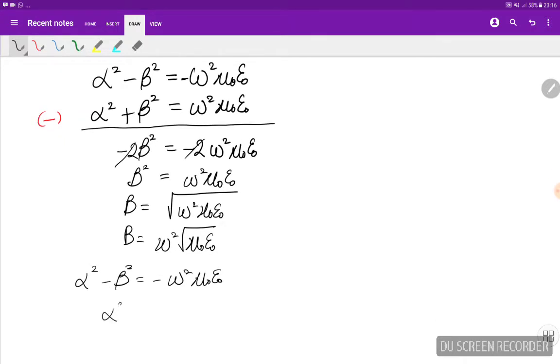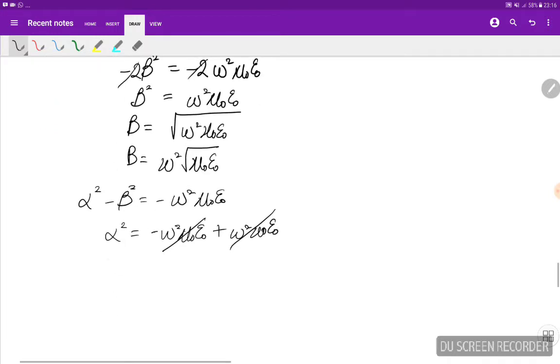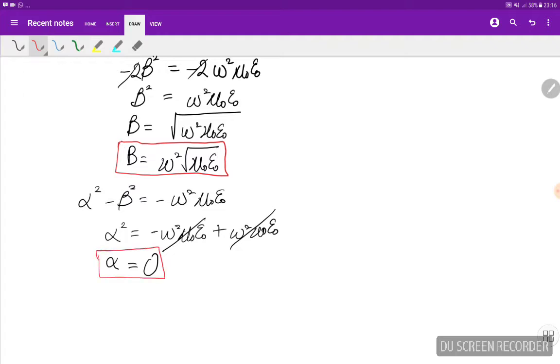So therefore, α² is equal to minus ω²μ₀ε₀ plus ω²μ₀ε₀. You see that this guy cancels this guy, and your α is equal to 0. So in free space, your β is equal to this, and your α is equal to that.